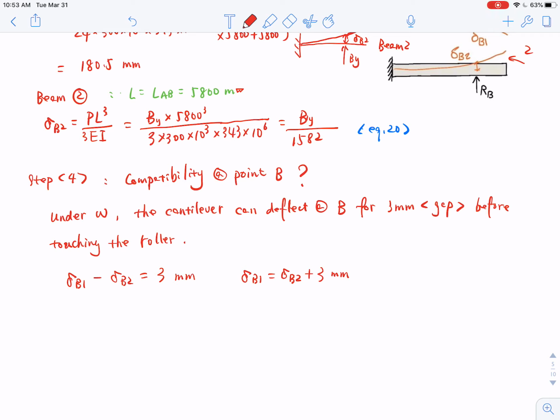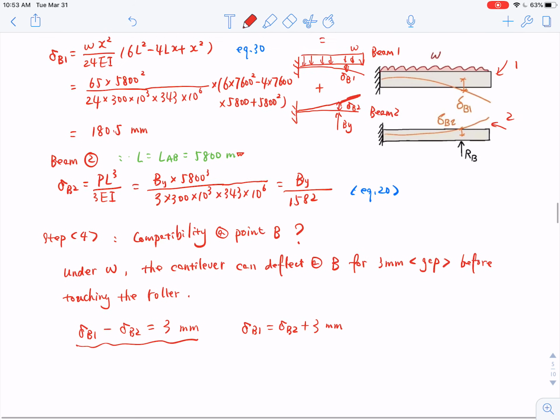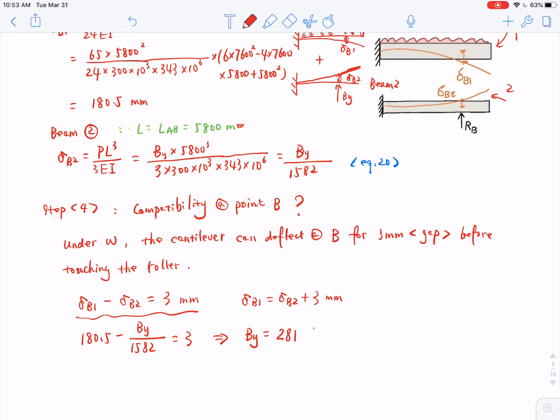You will get actually the same equation. If we use this one and the result we just obtained, delta B1 is 180.5 minus BY over 1582 equals 3. So here you can derive that BY equals 281 kilonewton.